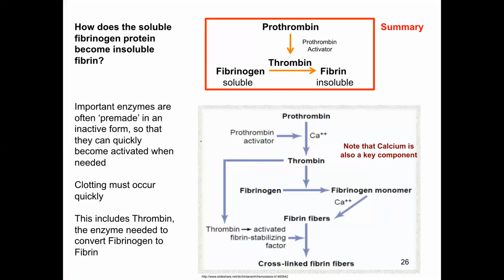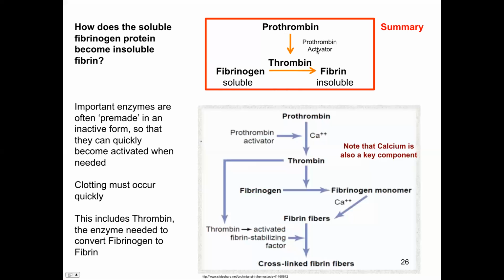But you don't want that to be active either, because you only want it to be activated when it needs to be. So it's circulating in a form called prothrombin. I know that sounds really confusing, but this last step that I'm showing you here, the conversion of fibrinogen to fibrin using the enzyme called thrombin, which is an active form of prothrombin, is activated by an activator called prothrombin activator.